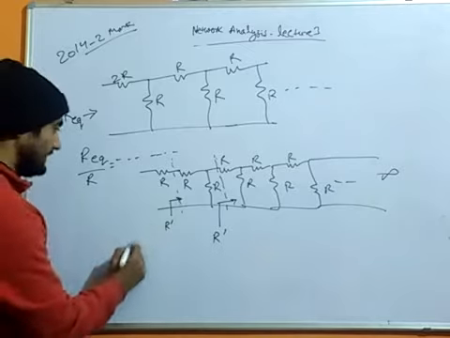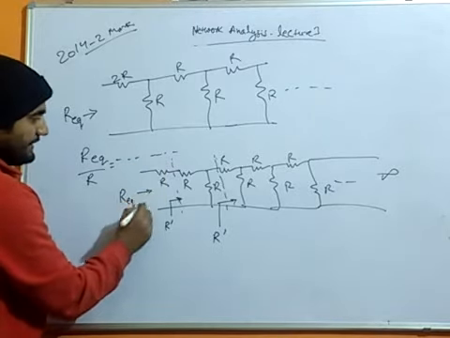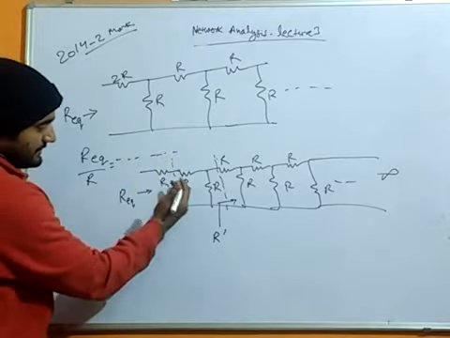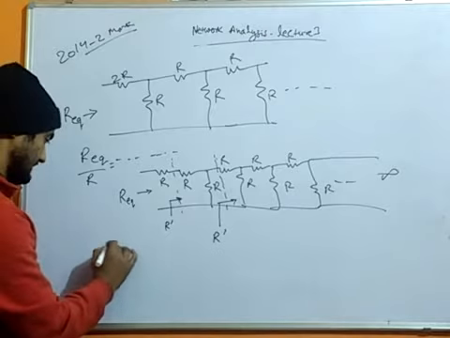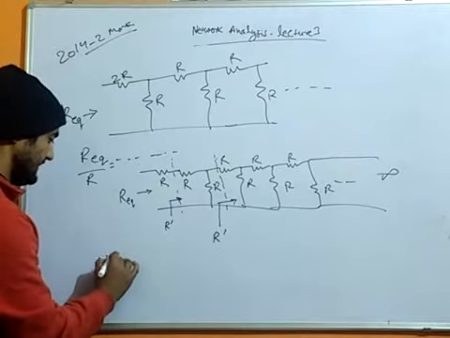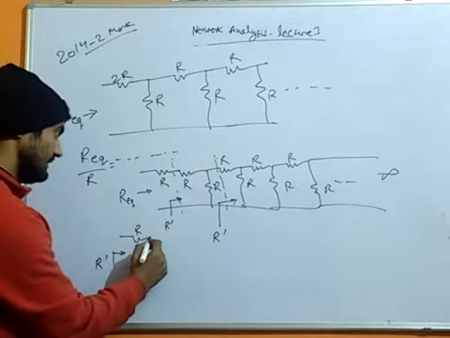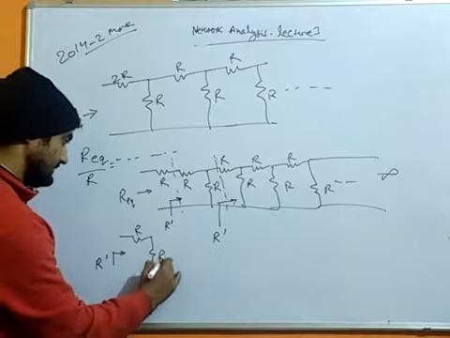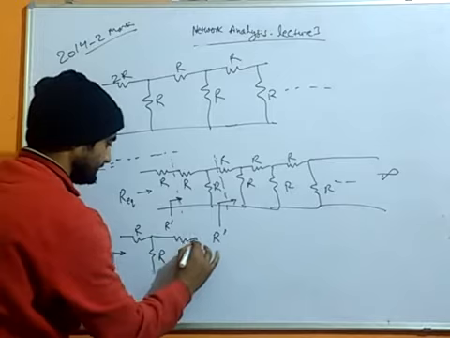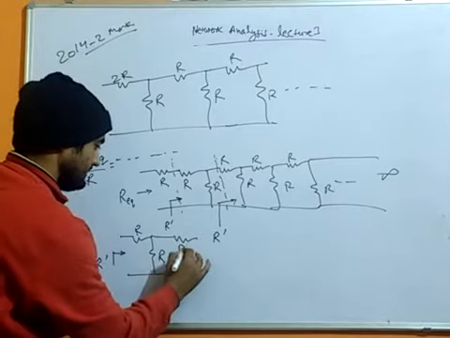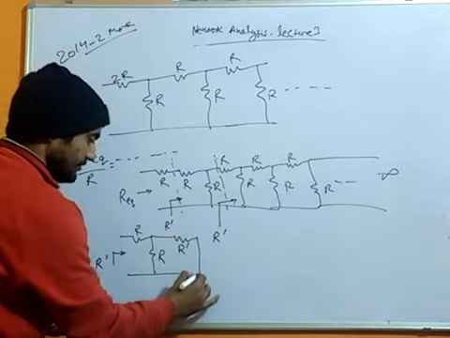So R dash, I have not taken this one. R equivalent is here. I am starting from here itself. R dash, the arrangement will be like this. This is R dash. Here we will have R, this R, and again this R I am writing. And for the remaining portion we can write R dash, because from here we can also see that the overall equivalent resistance is R dash.